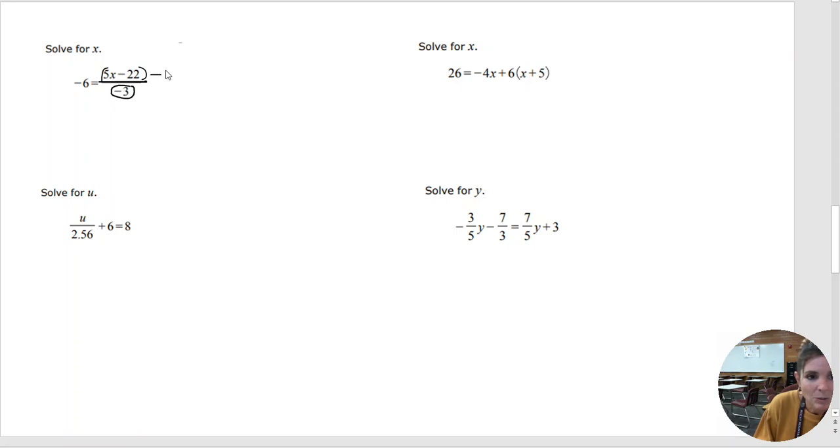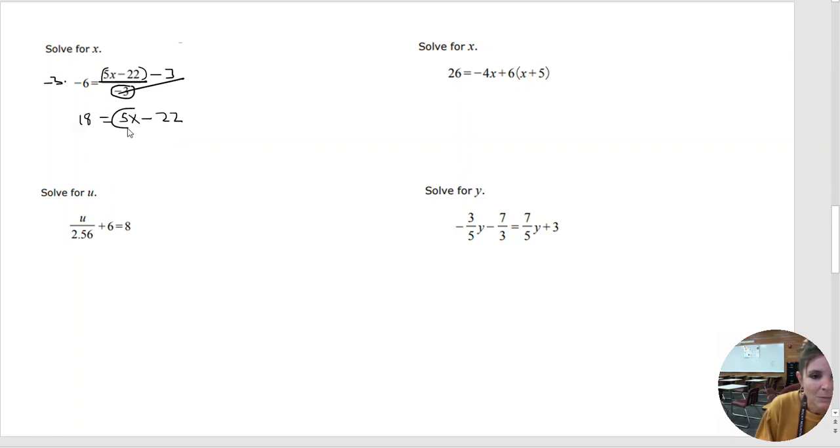Okay, so you would times by negative 3 on both sides. That's going to get rid of the divided by negative 3. So then you're going to have an 18 equals, and then you have a 5 times x, and then you have a negative 22. And then once you do that, now you're just left with a 2-step equation.